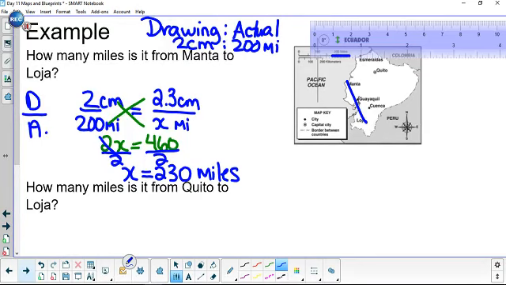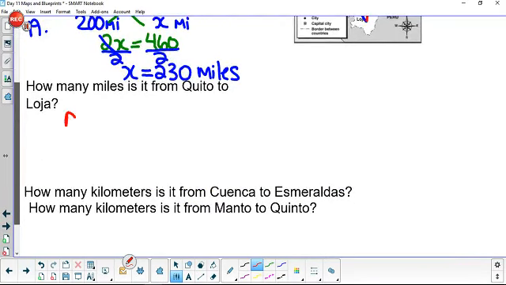Now it says how many miles is it from Quito to Loja? So you find Quito and Loja, and you take a ruler and you measure that distance. Again, our scale is 2 centimeters is 200 miles. When you measure that distance, you will get that it's 2.6 centimeters on the map.